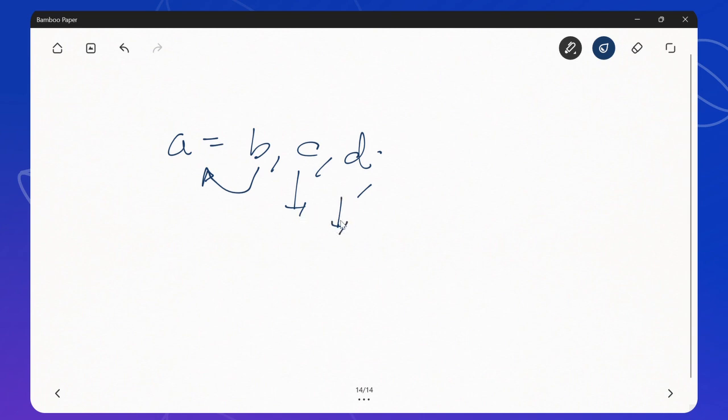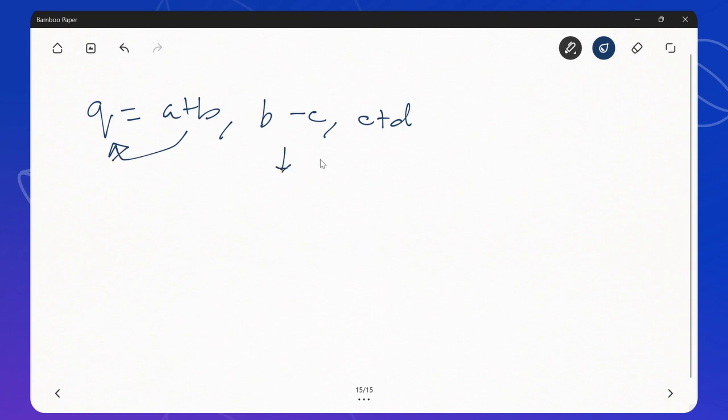They do not affect the value of a. For example, if I write a is equal to 5 comma 10 comma 15, a will be assigned the value 5. 10 and 15 do not affect anything on a.